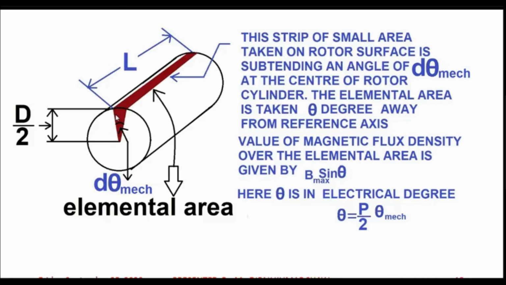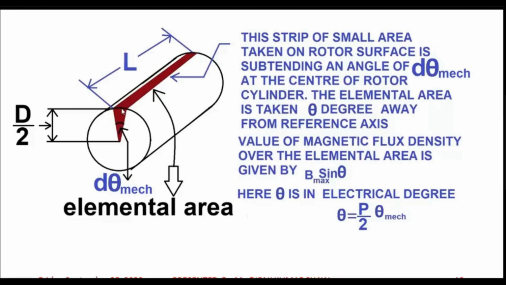So for that purpose, we are choosing a very small area on the rotor surface, and that small area is infinitesimally small, but it is subtending an angle at the center, which is how much? D theta mechanical. D theta mechanical is the angle subtended at the center by this infinitesimally small area.